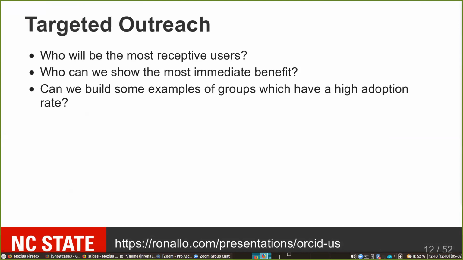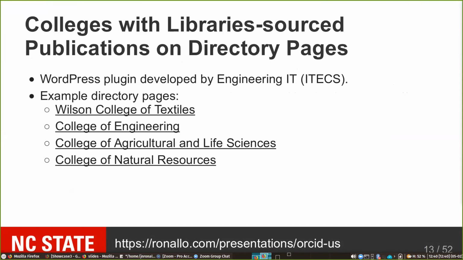We wanted to start small to scope the work and hone the message and our services as we went. We started with groups who we knew were already using this data in some way, who we could show some immediate benefit to. The most receptive users were those using this publication block on our directory pages. This includes some of our largest colleges like engineering and agriculture and life sciences.